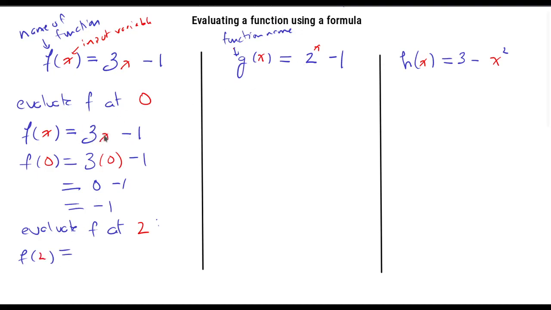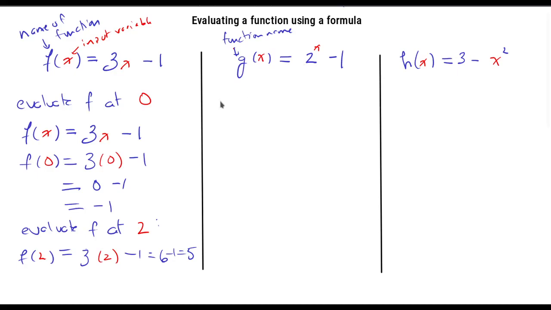The x becomes a 2 this time, but the 3 stays the same. x becomes a 2, 3 times 2, and then the minus 1 stays the same. So this would be 6 minus 1 is 5. So f of 2 equals 5. Input 2, output 5. All right, and it works the same for these other formulas.